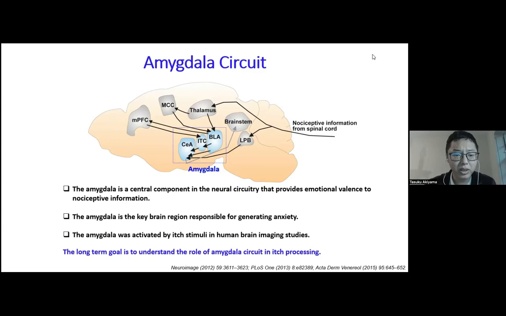Also, one of the most important things is that a human MRI study shows that the amygdala was activated during itch stimuli. So for those reasons, we target the amygdala to understand how the brain processes itch and anxiety.